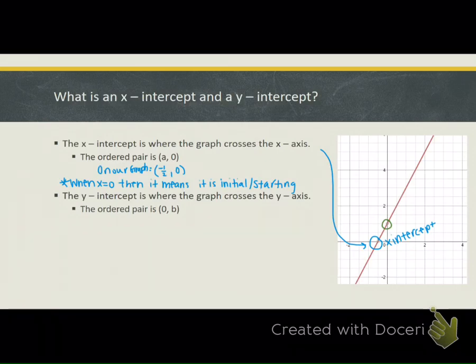All right, so the y-intercept is where it crosses the y-axis. So this is the y-intercept. On our graph, the y-intercept is at 0, 1. Whenever you have a y-intercept, the x is always 0.